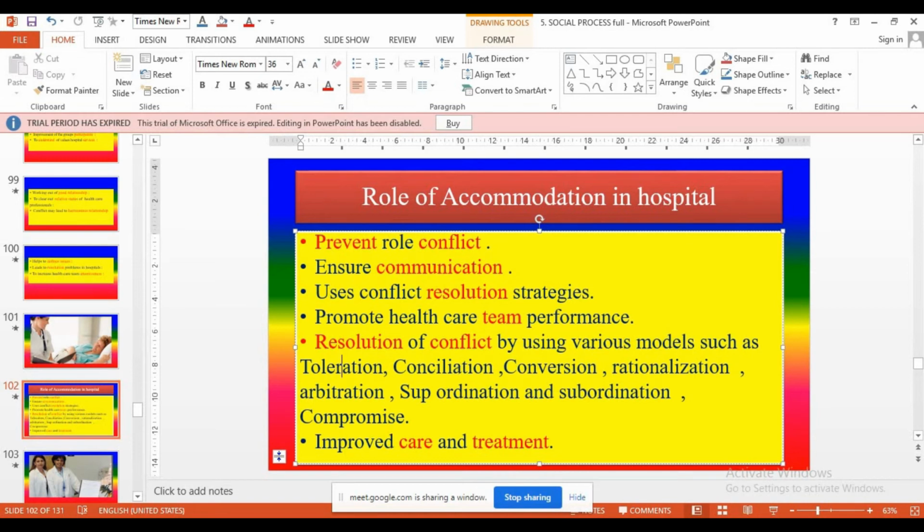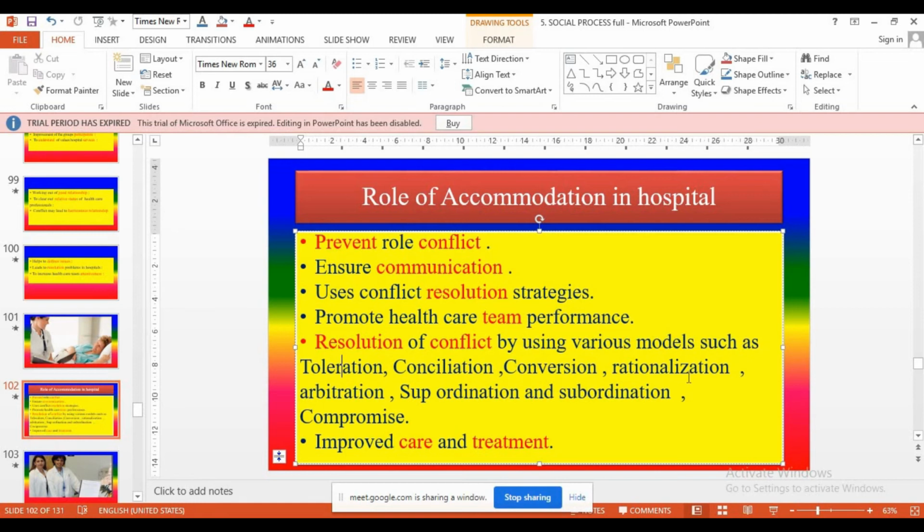For example, I already gave one illustration, the conflict between a supervisory nurse and a subordinate nurse. The nursing superintendent will come and solve the problem. Then conversion, changing the ideas.